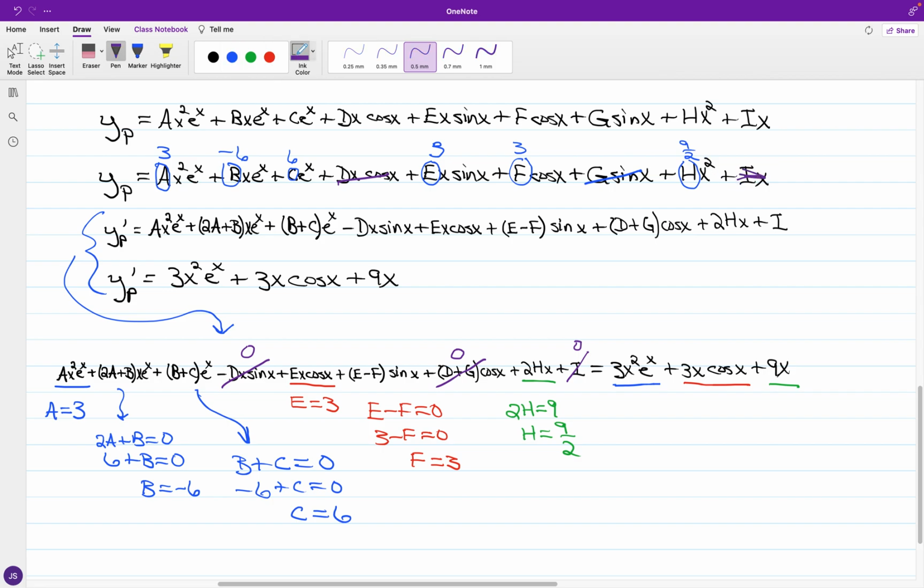So i is out of the picture, g is out of the picture, and d is out of the picture.